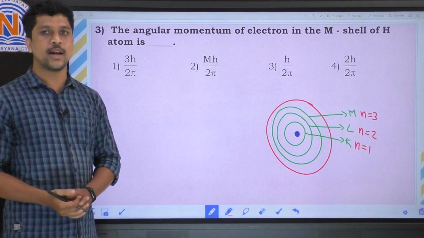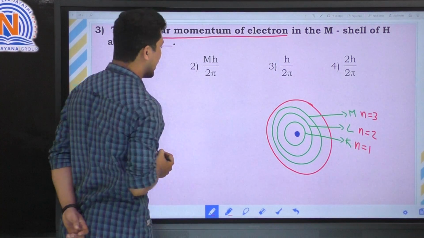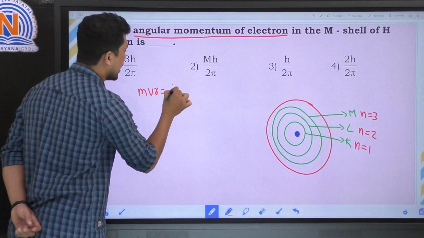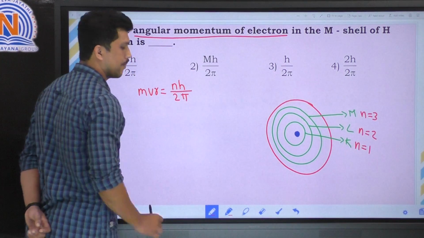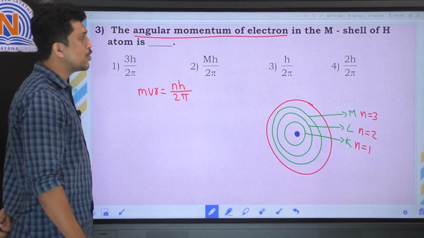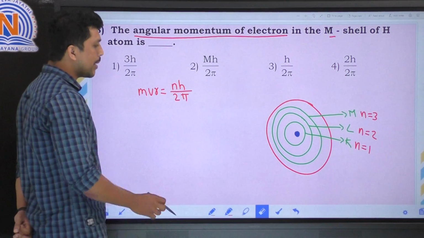So here we need to find the angular momentum of an electron. The formula for the angular momentum is mvr equal to nh by 2 pi, where n is the orbit number. We need the M shell, that is M orbit. So what is the n number of the M shell?